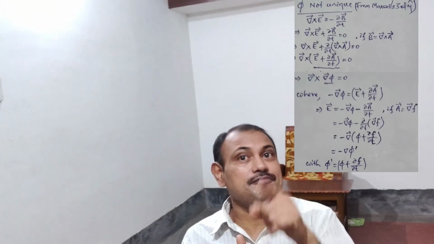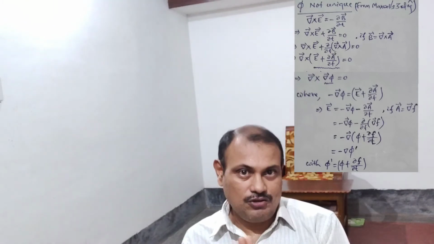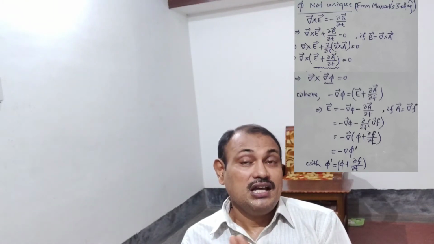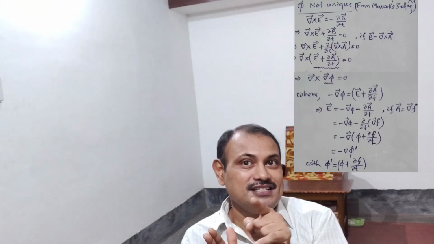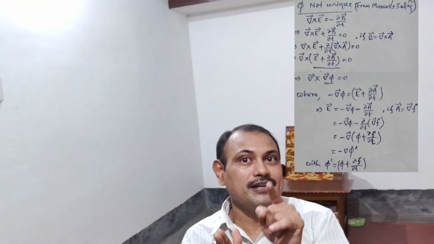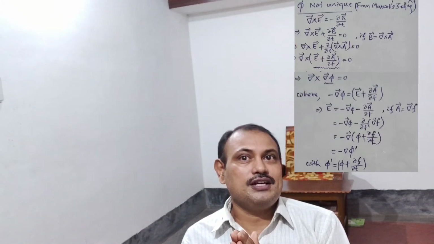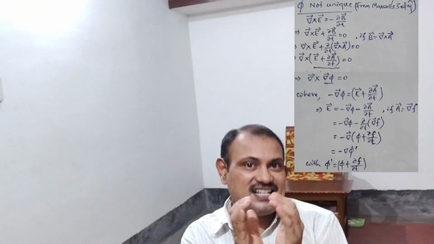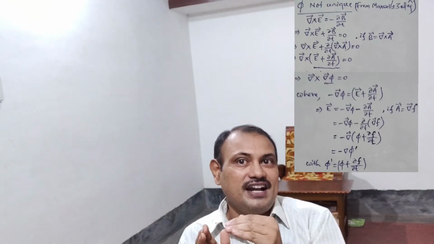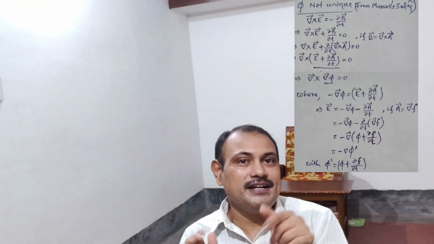So in place of A, you can always write grad of another F, where F is a scalar quantity. Then E vector can be written as minus grad phi minus del by del T of grad F. Now if you take the space part, grad, outside, you can write it as minus grad of, within bracket, phi plus del by del T of F.